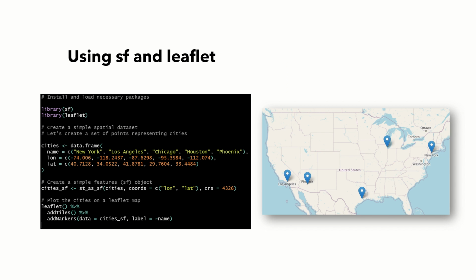So these libraries can pull in shape files, and in this example, we just create some data points and then we place them into a simple features object, and then we can plot those points on a leaflet map.